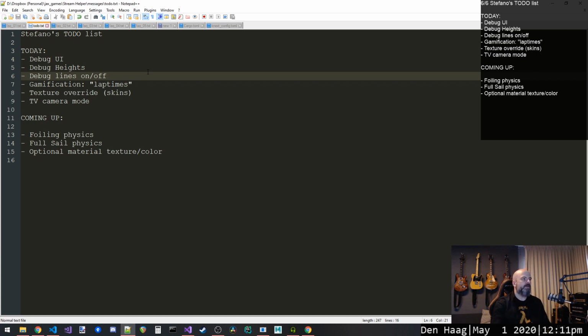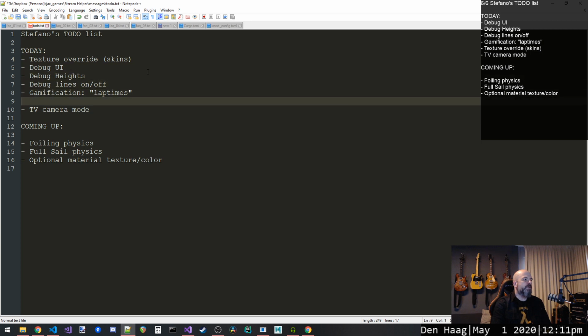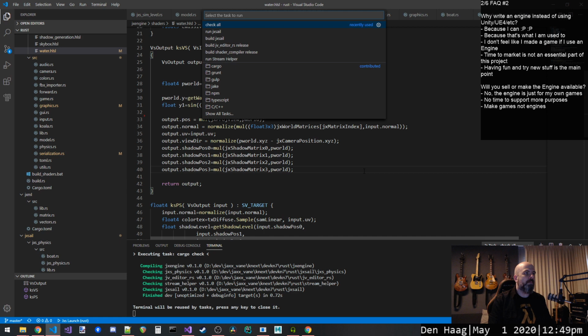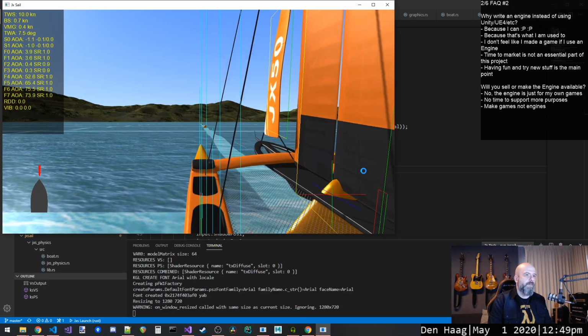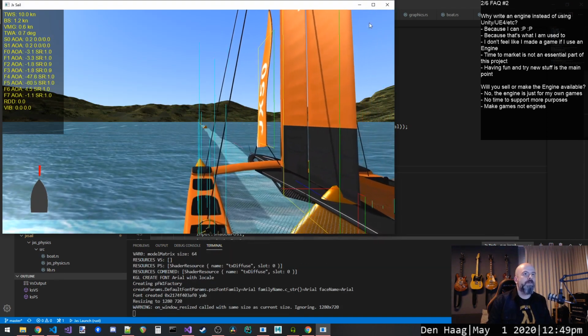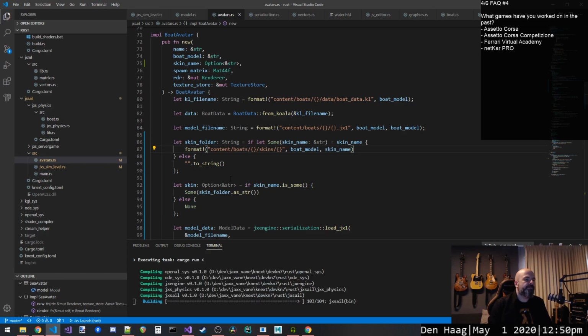Texture override. Let's do texture override, which is basically support for skins. Right? So we should see a red boat, or maybe a crash, or maybe an orange boat. Let's see which one. Orange boat. So it didn't work. Orange or red?